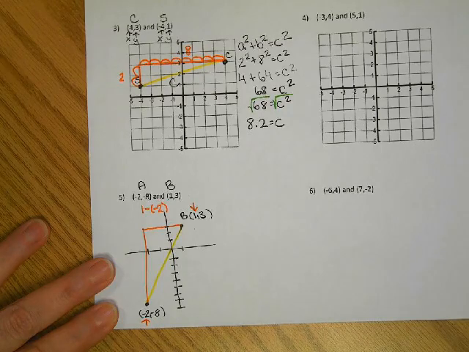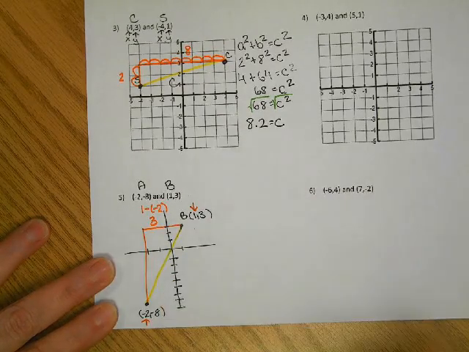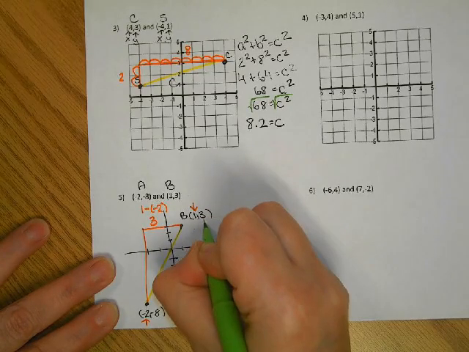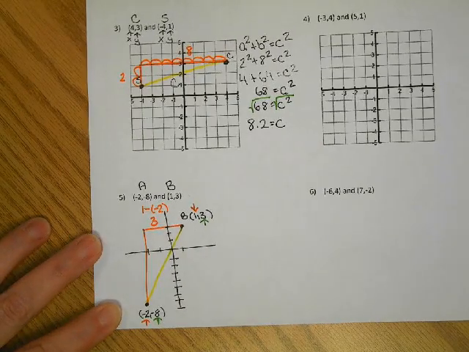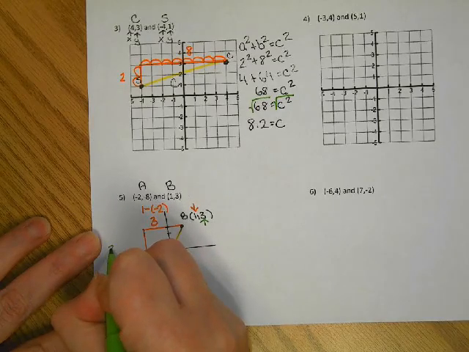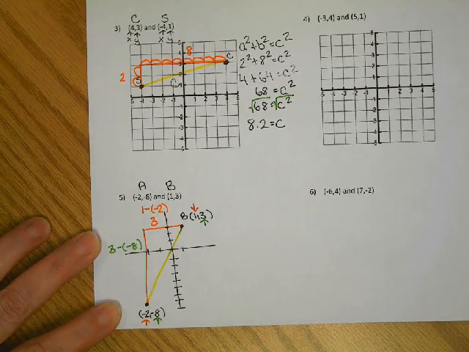What's 1 minus -2? 3. And then we can use the y's to find the up and down. We have 3 and -8. So we can say 3 minus negative 8. What's 3 minus negative 8? 11.